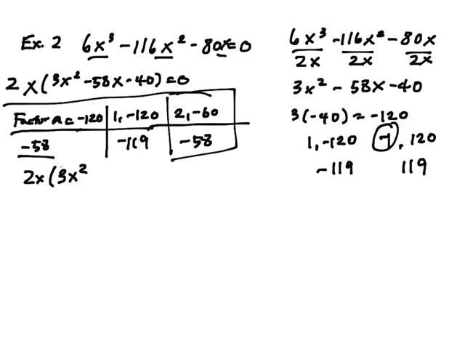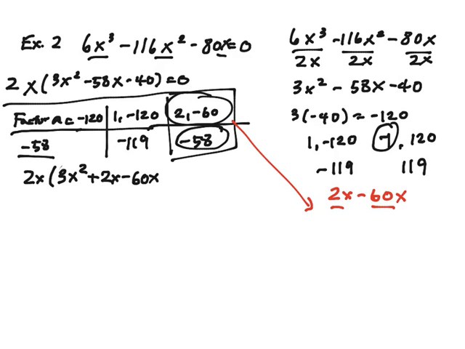I have to rewrite it, and how I'm going to do that is plus 2x minus 60x. I'm going to go ahead and draw a little arrow to show that it's 2x minus 60x. So we have the 2 and the negative 60. And then we have minus 40 equals 0.